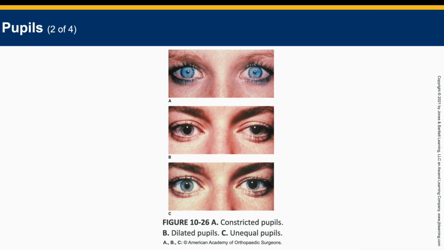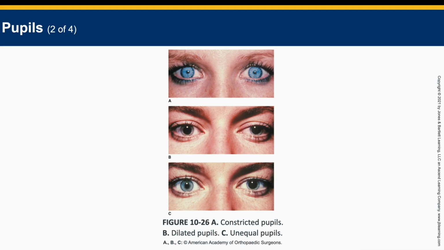Here are some different examples of pupil findings that you may see during a neurologic assessment. In image A, the pupils are constricted, meaning they're very small. Constricted pupils can be seen sometimes with certain medications, use of opioids, and exposure to bright light. In image B, the pupils are dilated, meaning larger than normal. Dilated pupils may occur in low light conditions, but they can also be associated with head injuries, drug use, and other neuro problems.